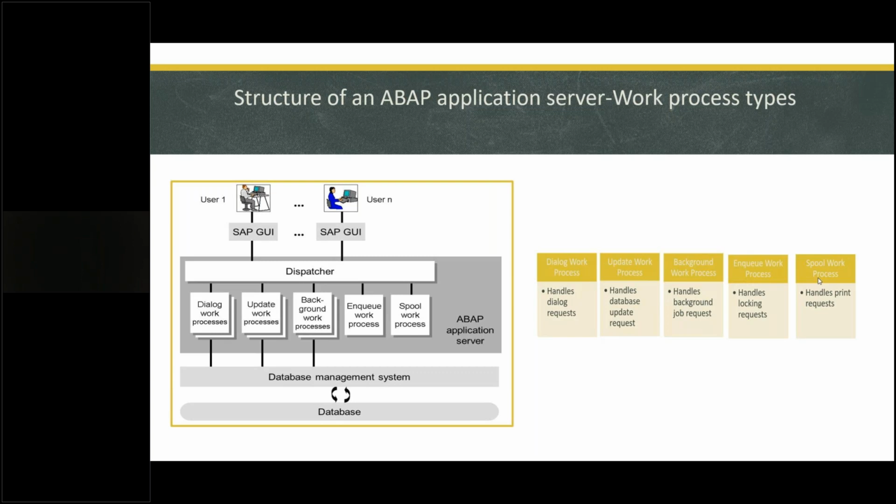The enqueue work process is related to locking. You understand the locking concept, right? Multiple users cannot access the same data record in change mode. Even the same user: suppose you logged in, go to ME22N and display first.